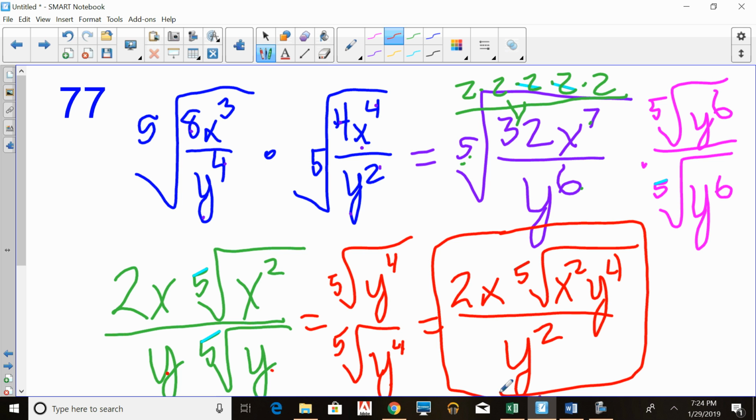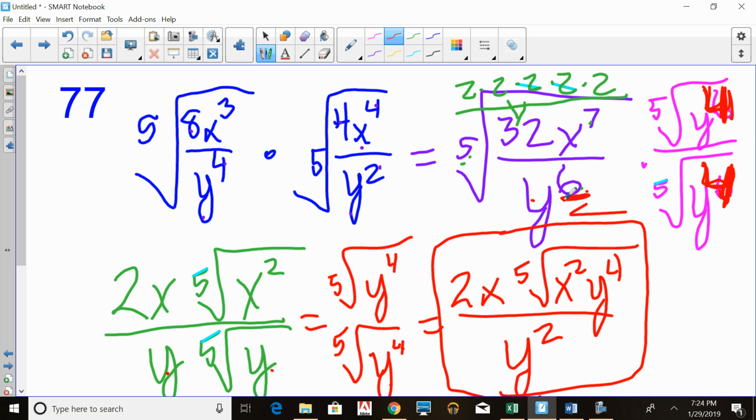Now if you do it this way by multiplying the fifth root of the y to the sixth and for the y to the sixth, well, that is going to be y to the 12th, which would not be good. You'd want to go y to the 4th. Sorry. Why y to the 4th?